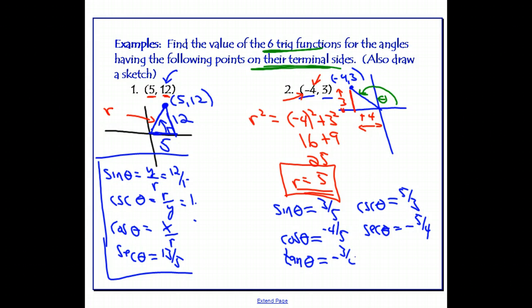And the way it works with a negative in a fraction is make the front of it negative. There's one negative, so your fraction is negative. If you ever had two negatives, then that fraction becomes positive. There's one negative, so we just stick a negative in front. And the cotangent of theta is the reciprocal, still negative, -4/3. All right, and those are our trig functions for that condition.